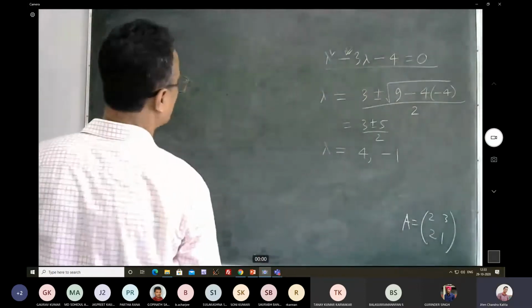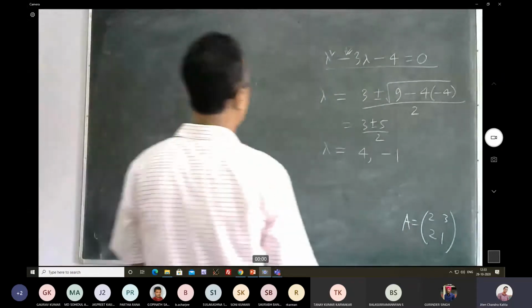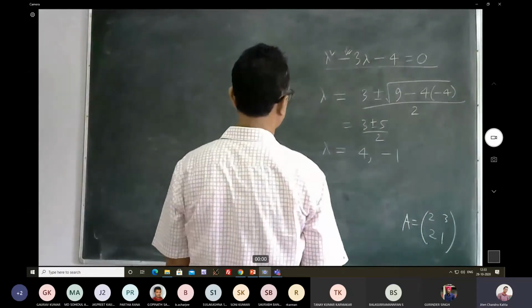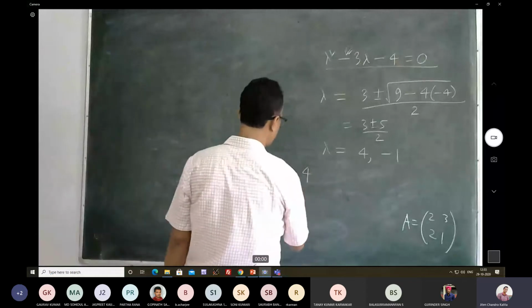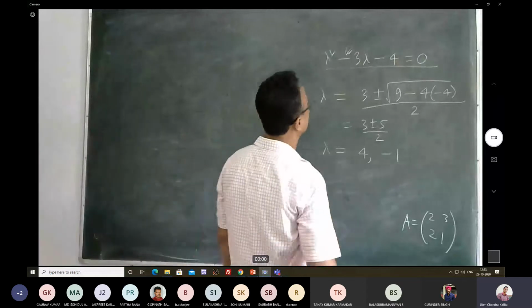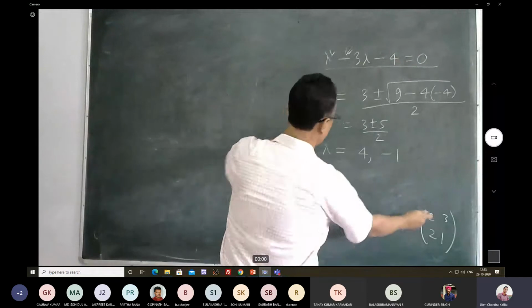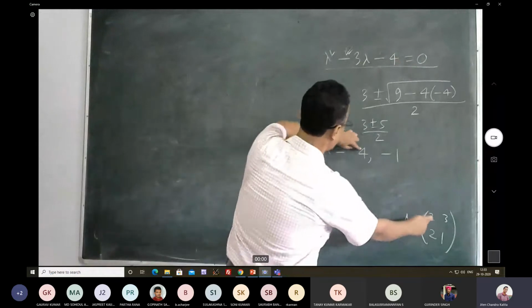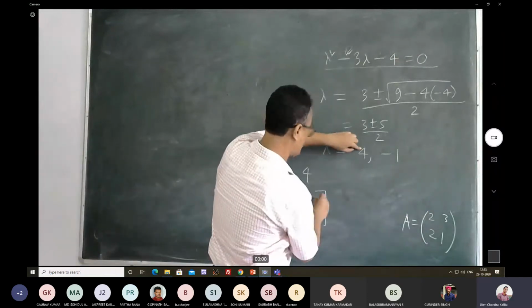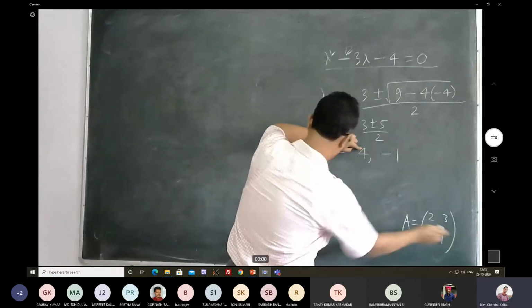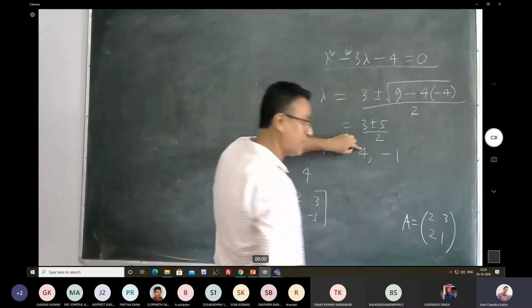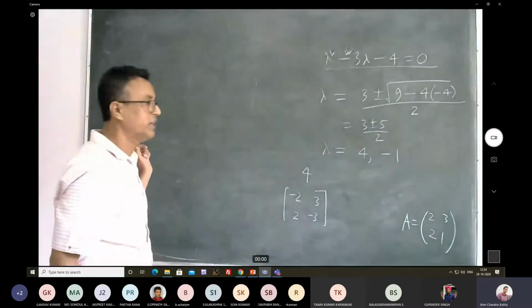Okay, fine. So now let us try to find the eigenvectors corresponding to 4. Corresponding to 4, if you want to find the eigenvector, you have to do 2 minus 4, that is minus 2, 3, 2, 1 minus 4, that is minus 3.